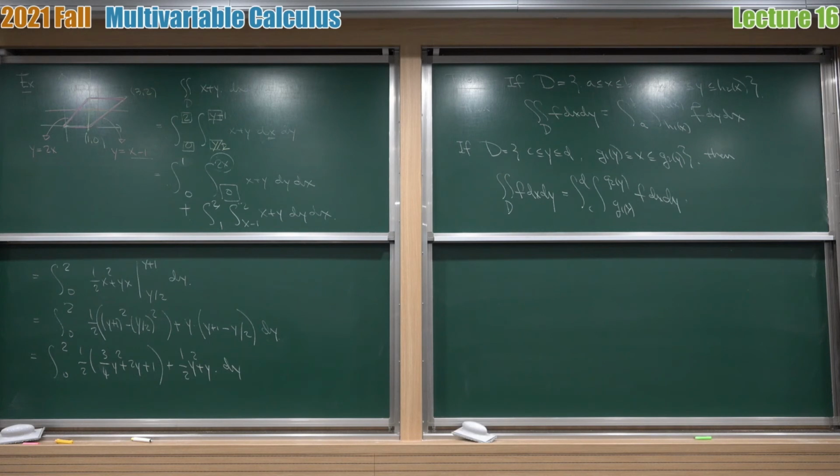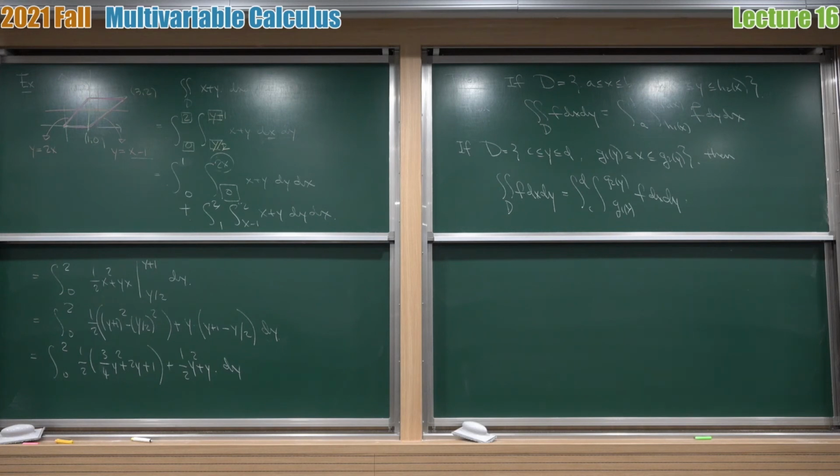Right, you need 3. What kind of 3? So double integral is about how many variable functions? 2. And triple integral should be about 3 variable functions, right?